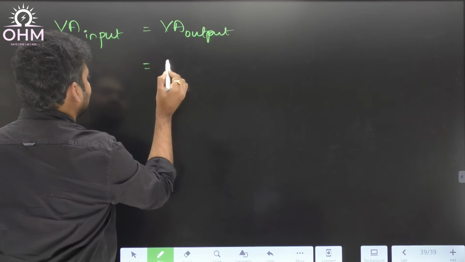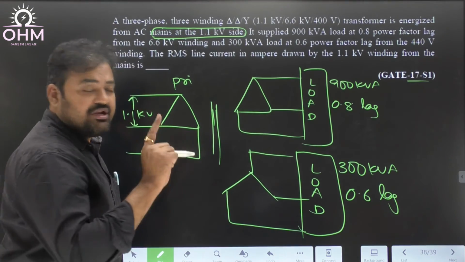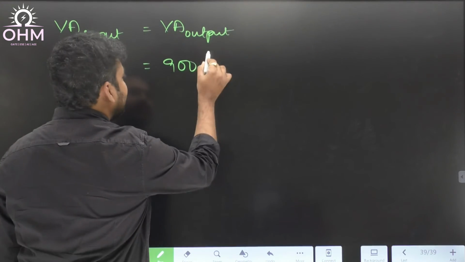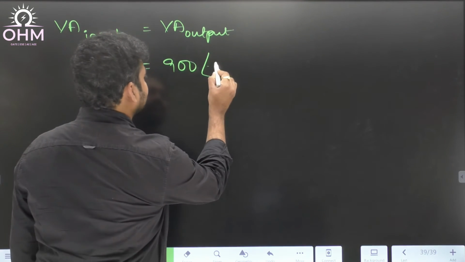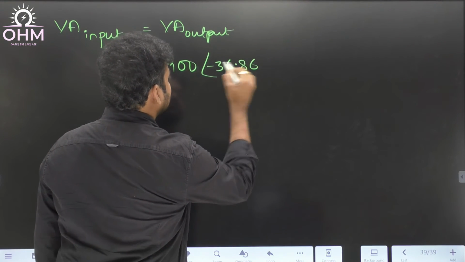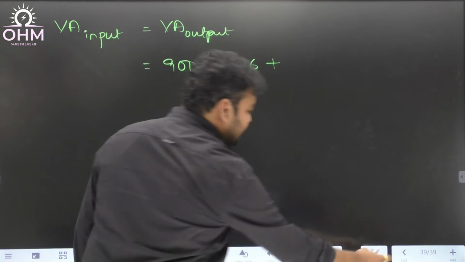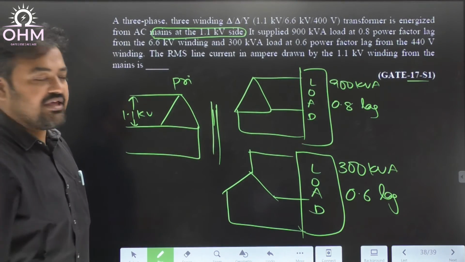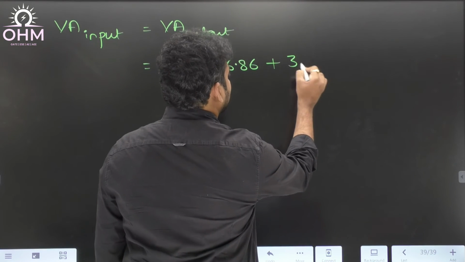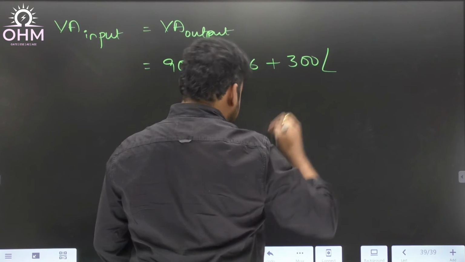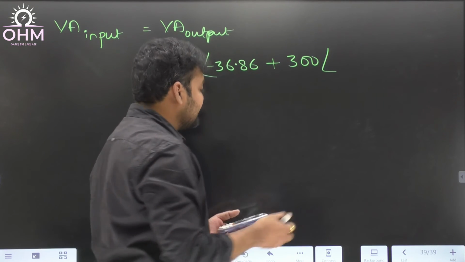First load 900 kVA at 0.8 lagging power factor. 0.8 lagging means what is the power factor angle? 36.86, therefore minus 36.86, plus the other load, 300 kVA at 0.6 lagging power factor. So this is 300 at an angle of cos inverse 0.6, so 53.13.